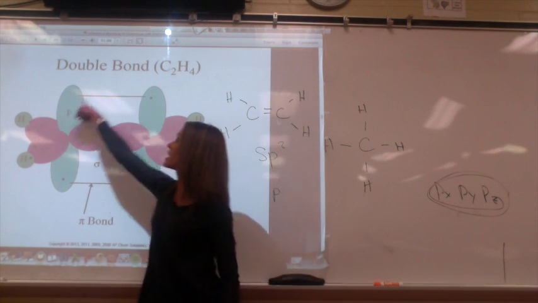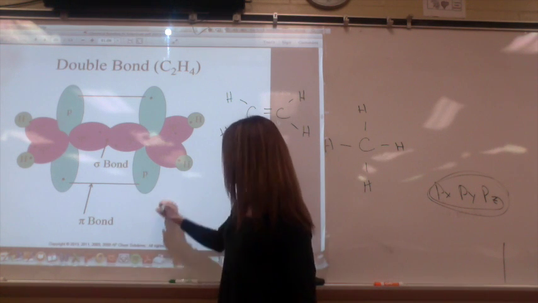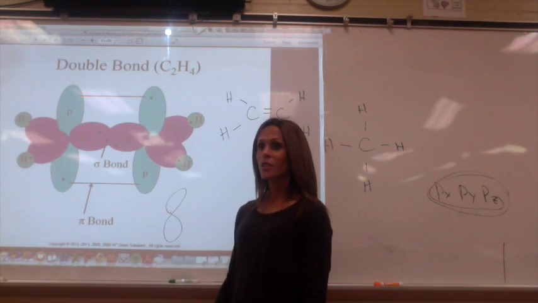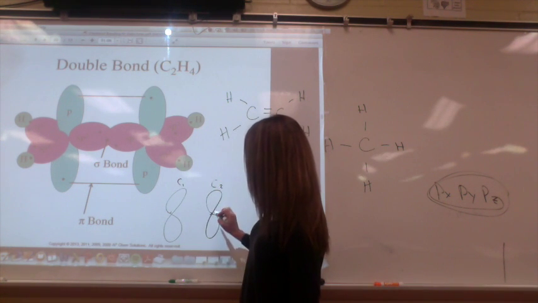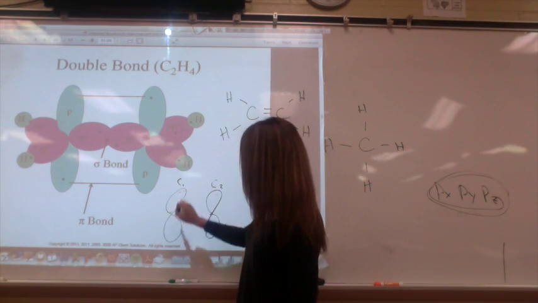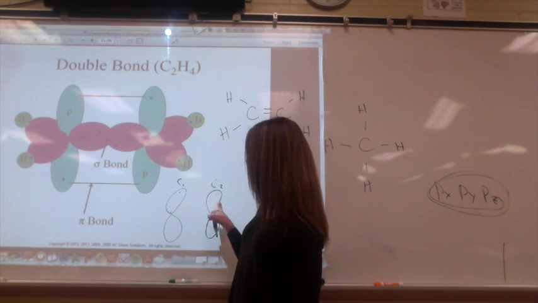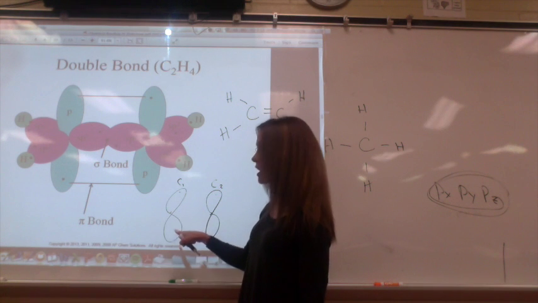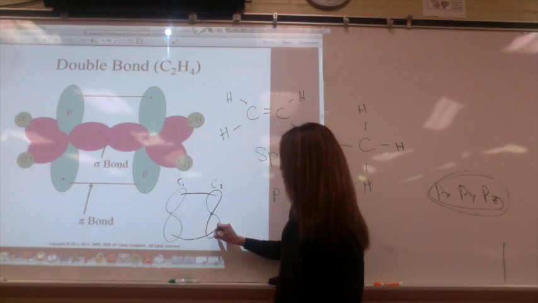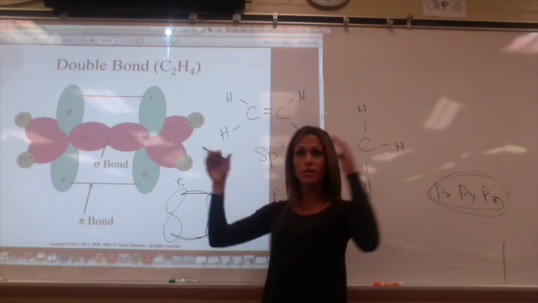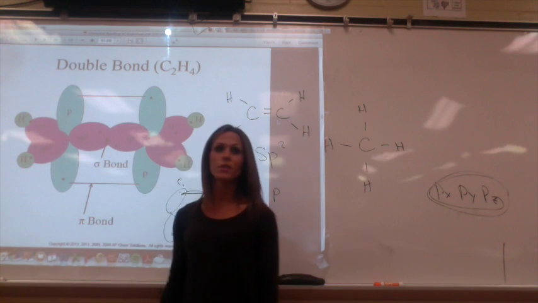This does not indicate 2 bonds. It indicates 1 bond, because p orbitals are dumbbell-shaped to begin with. If I have 2 dumbbells, this from carbon 1 and this from carbon 2, the electrons can spend their time anywhere in here. It doesn't mean that 1 is sharing here and 1 is sharing here. It's a dumbbell, so there is only 1 bond, even though I'm showing you that it goes up, across, and underneath. So this is 1 bond from the p orbitals.